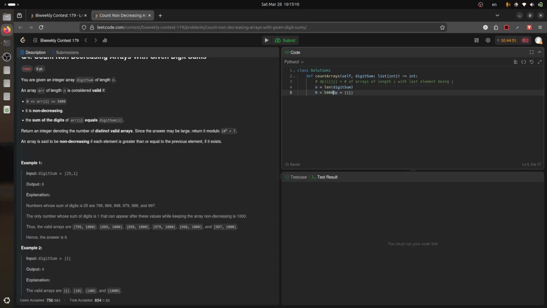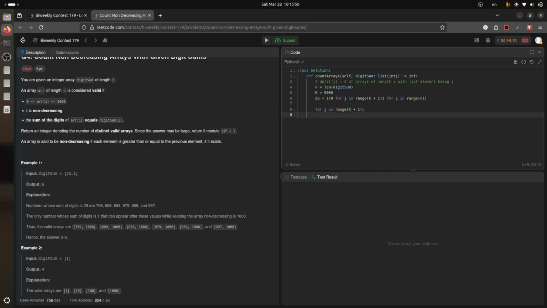So dp is equal to, let k be 5000 and then 0 for j in range k plus 1. We probably only need that, but whatever. For j in range k plus 1, I can pre-calculate, no, okay.